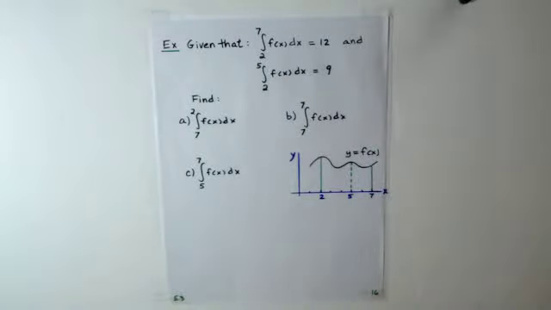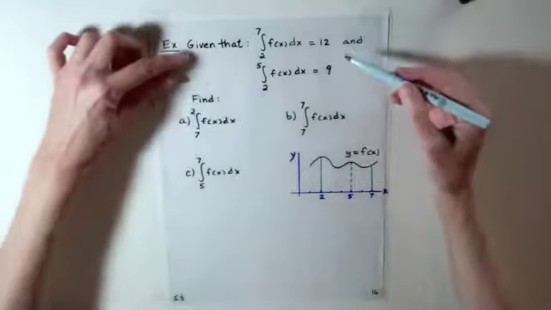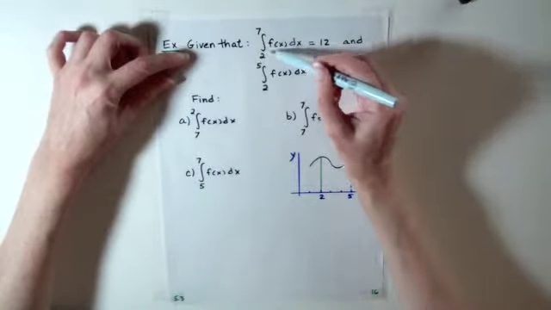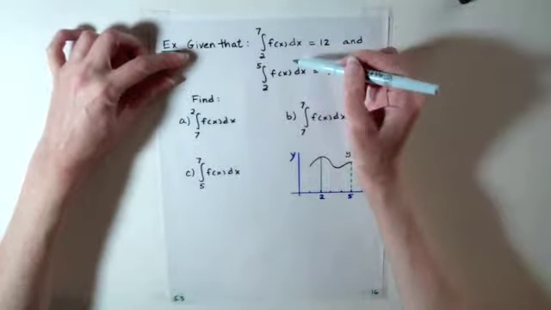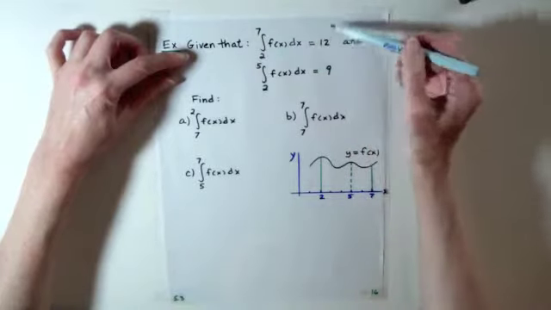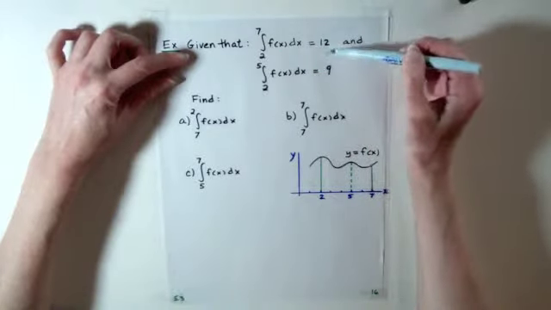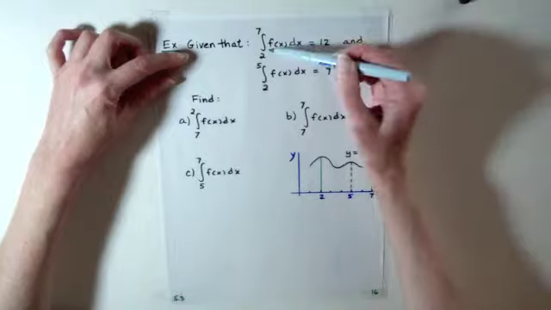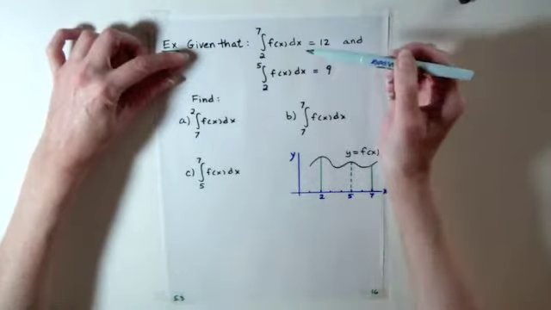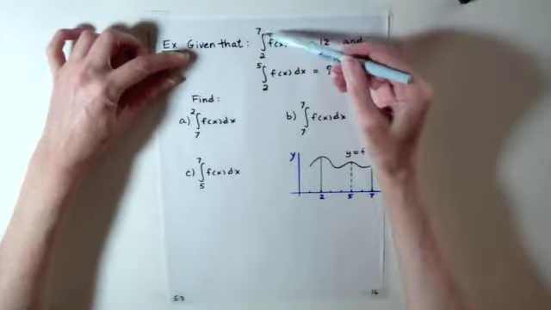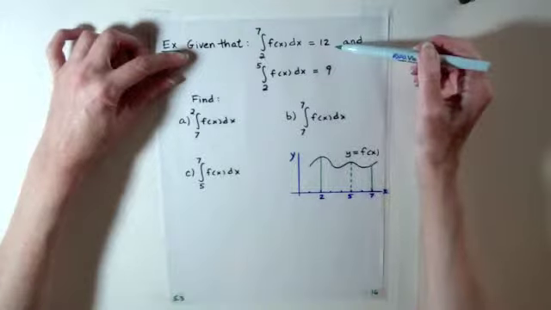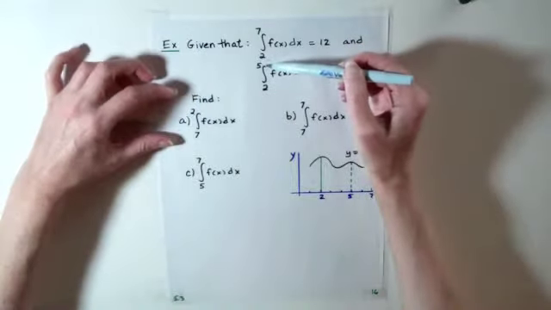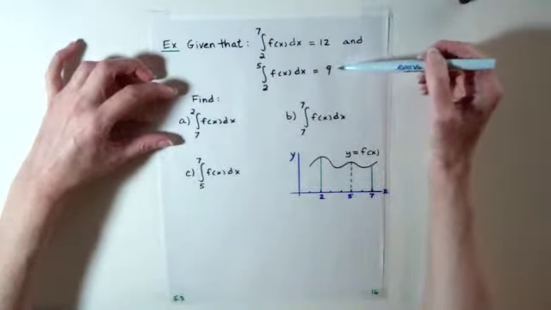Now, what's strange about this particular question is, you notice they don't tell us what little f of x is. They just tell us what the answer to some definite integral problem is. So you have some unknown function, but you do know that if you integrate it from 2 to 7, you'll end up with an answer of 12, and if you integrate it from 2 to 5, you'll end up with an answer of 9.